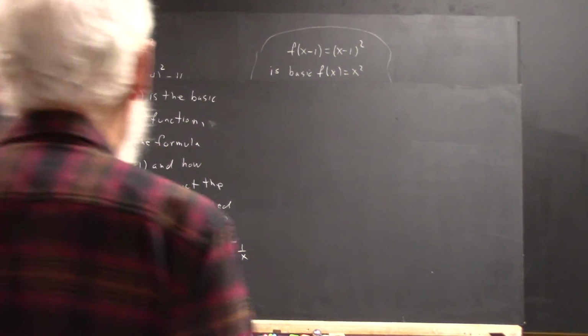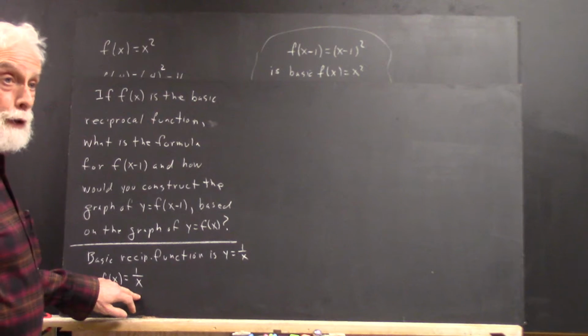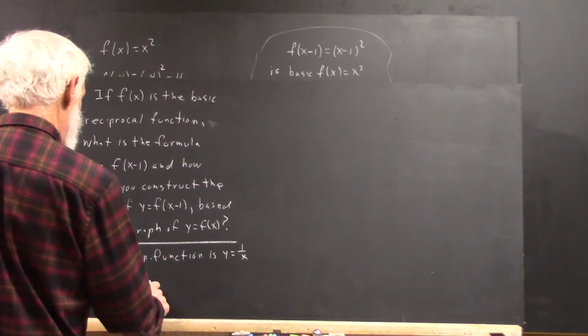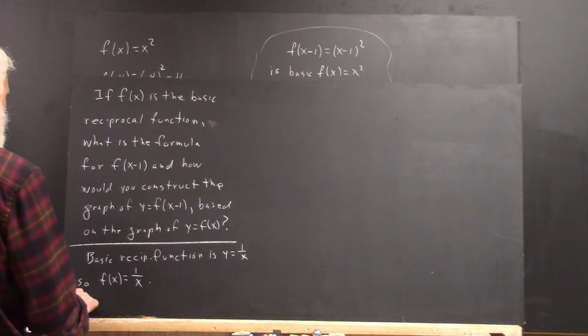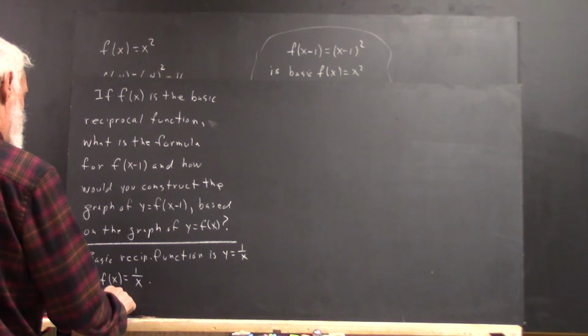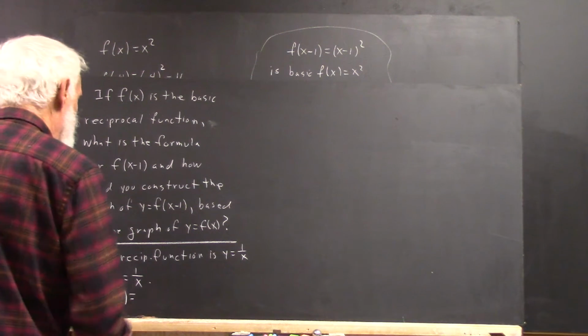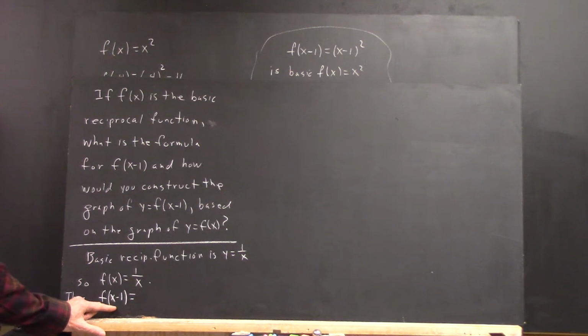Okay, so f of x equals 1 over x. Thus, f of x minus 1 equals what?